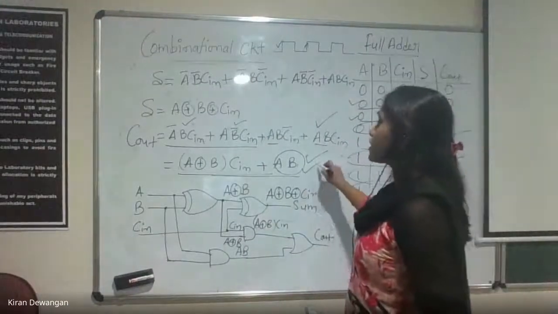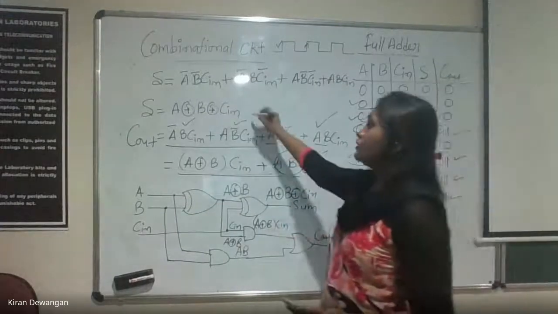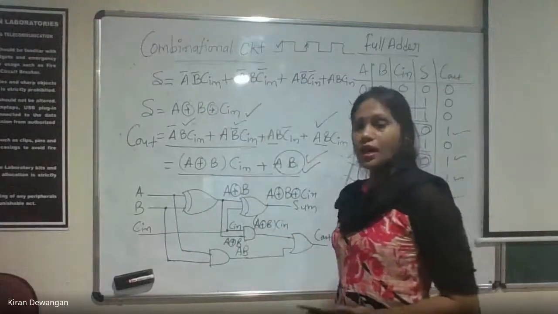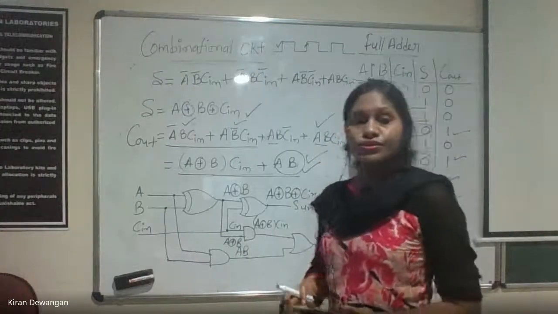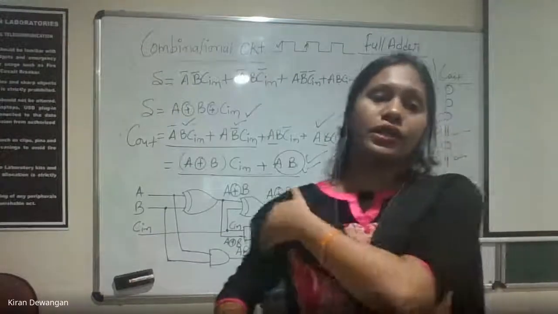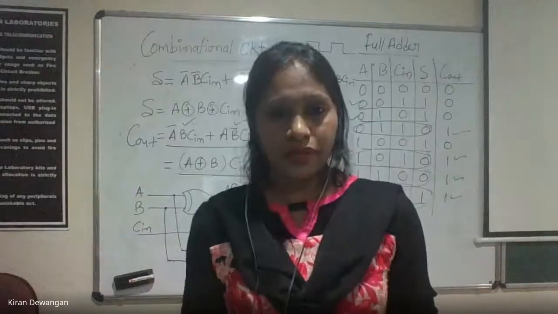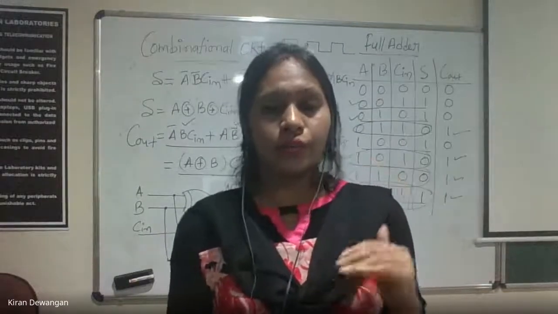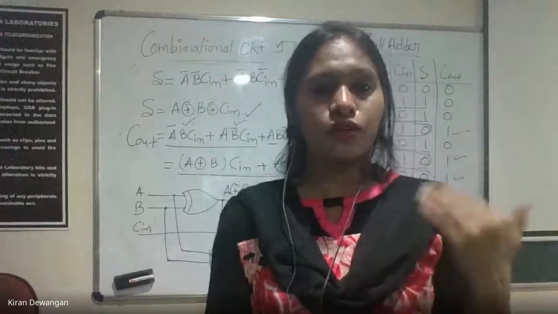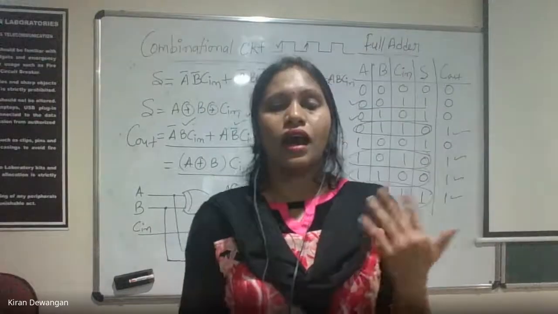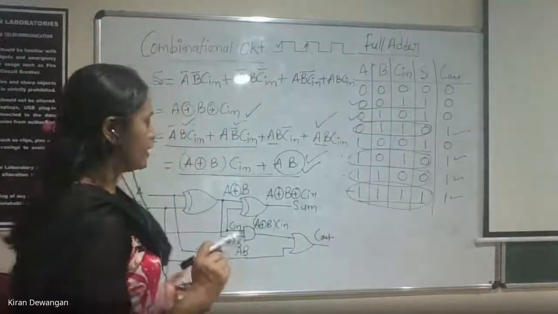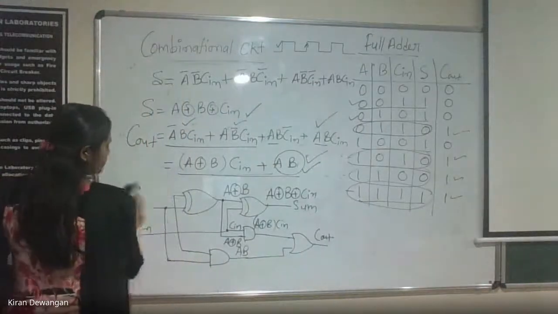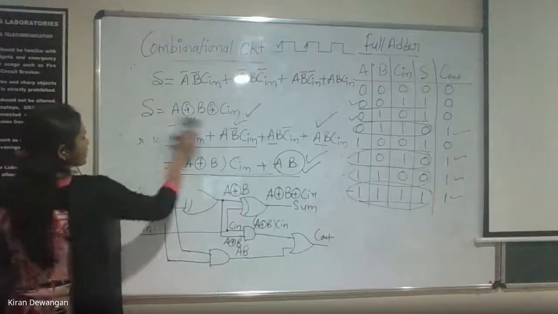So this is the expression for carry out and this is the expression for sum in the full adder. Full adder is used where we need to have more bits in the inputs. Otherwise we use half adder. Now we can even design full adder by using half adders.